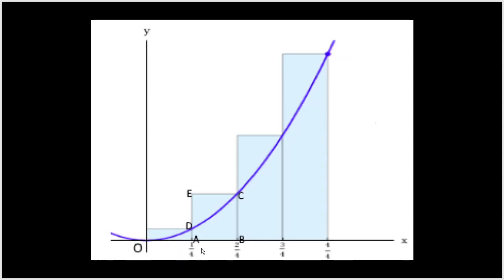Now listen to me carefully. Again, the first thing we do is to subdivide the interval from 0 to 1 into 4 subintervals with equal width. I want to repeat: to approximate the area of the curved triangle, the first thing we do is to divide the interval from 0 to 1 into 4 subintervals of equal width.